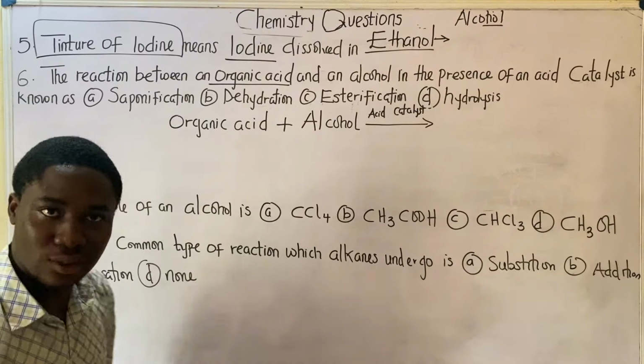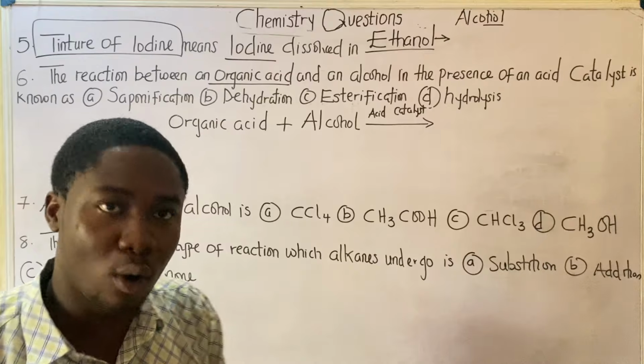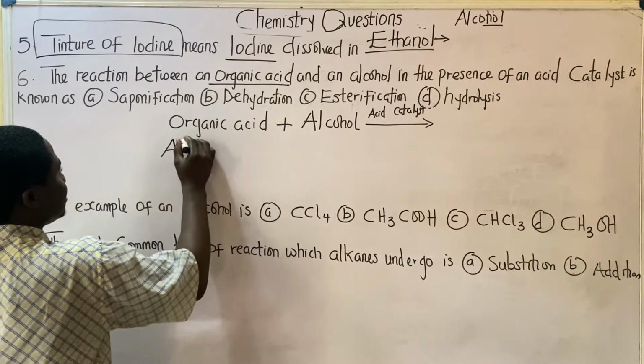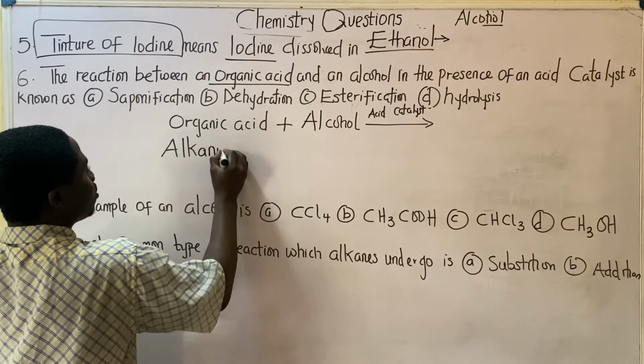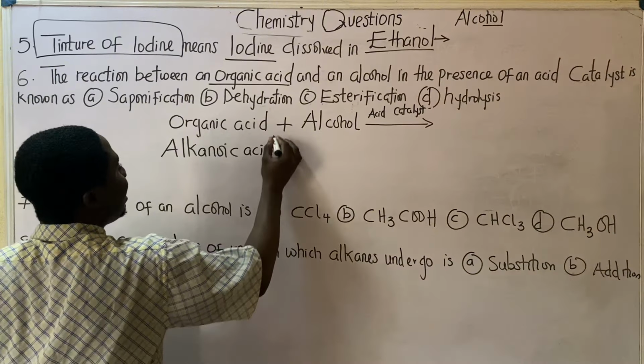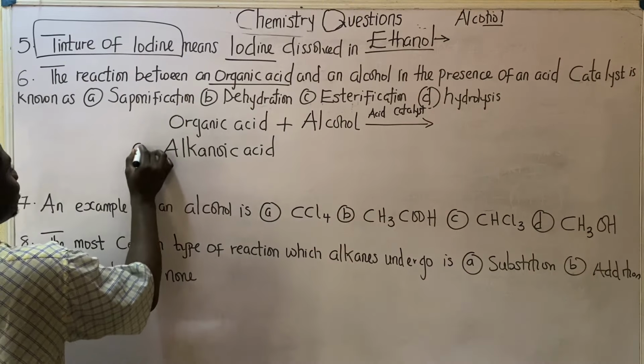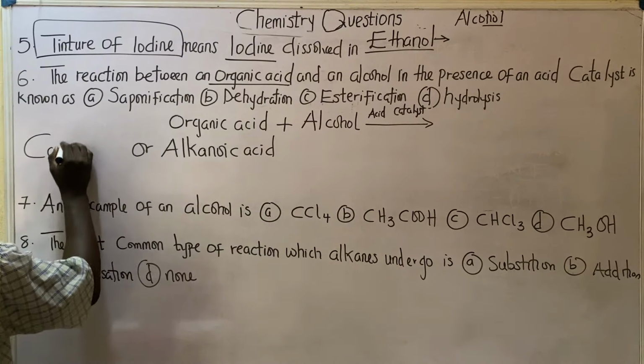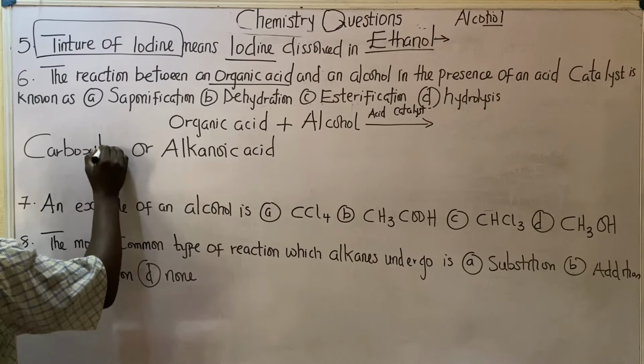So this organic acid is simply called alkanoic acid. Note it. Alkanoic acids can also be called carboxylic acids.